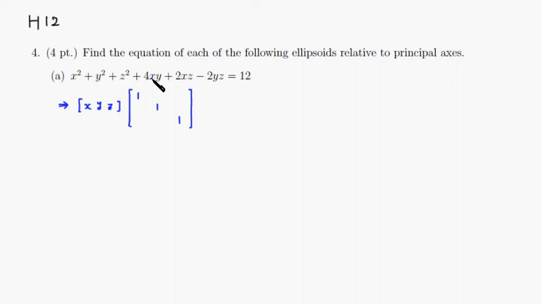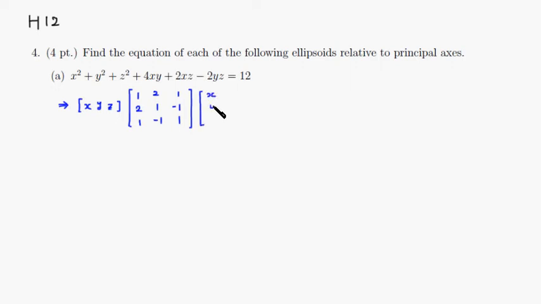So you have an x, y term, so 1/2 of 4 would be 2. So 2 goes here and there. And x and z, it's 1 and 3, so 1/2 of that is 1 here and a 1 there. And y and z is -2, so 1/2 of that is -1 here and a -1 there.